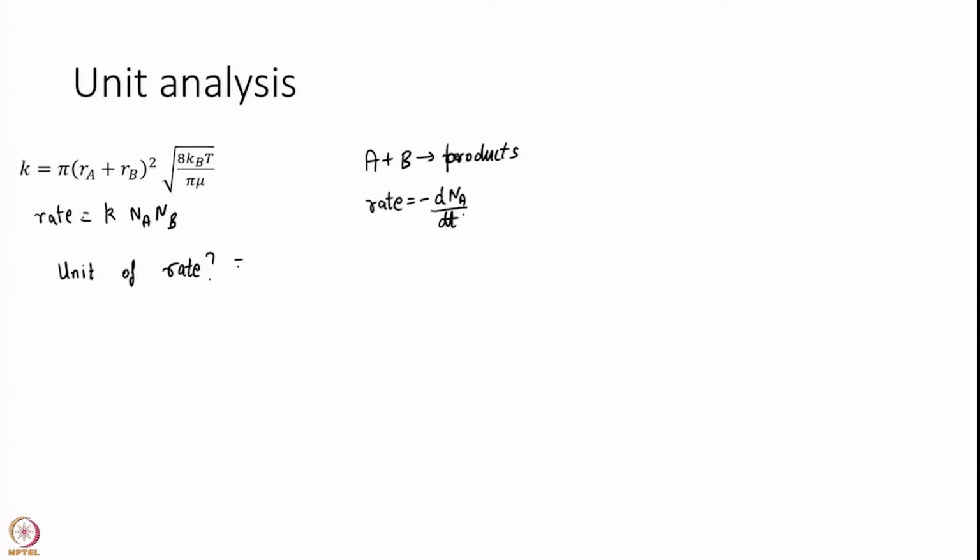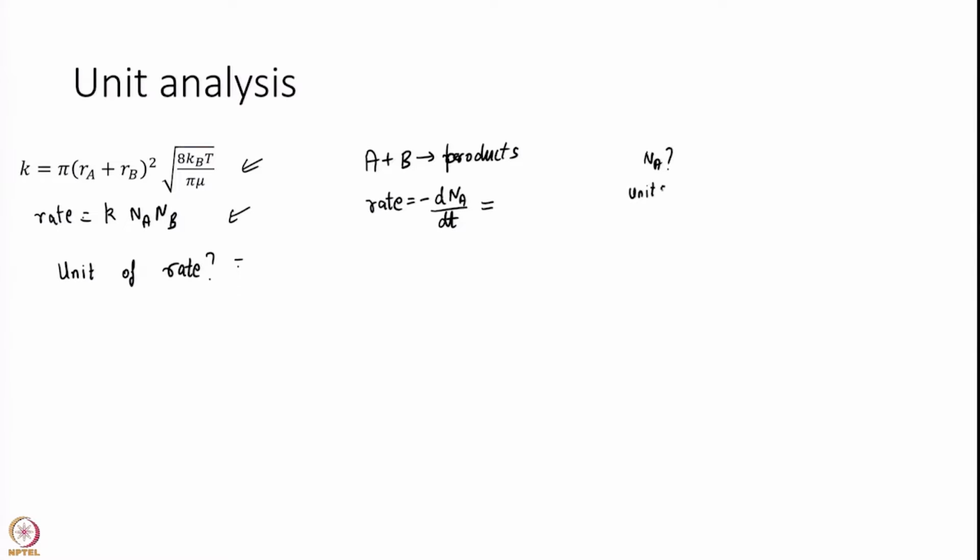Again you could have written concentration of A by dt, that does not matter, it effectively is the same thing, it is just a transformation. So, what is the unit of Na then?